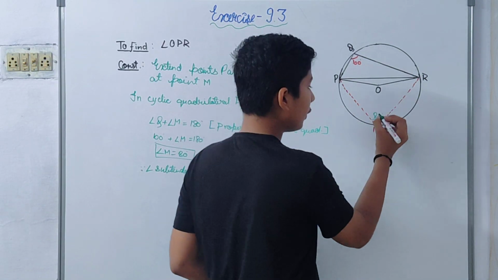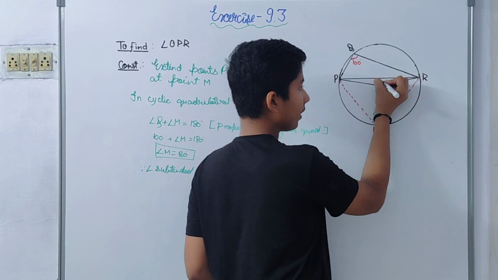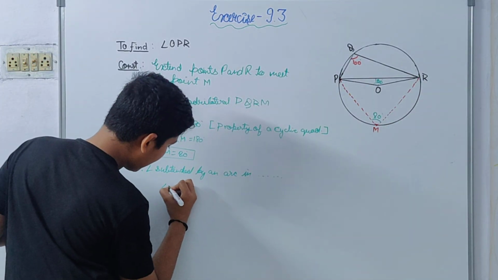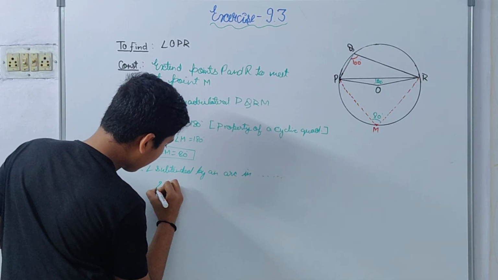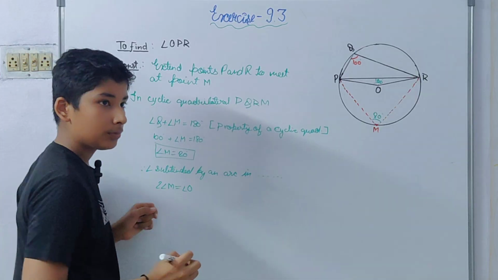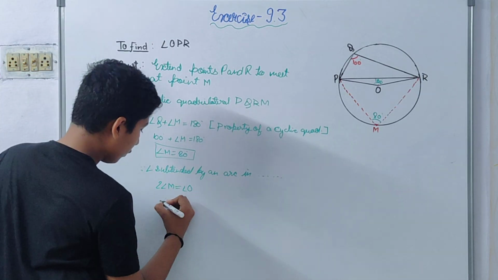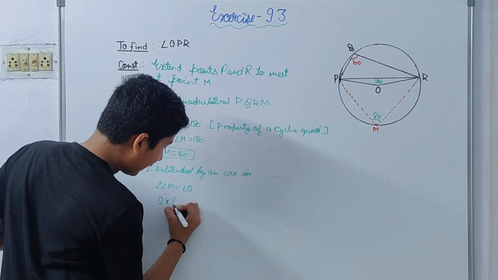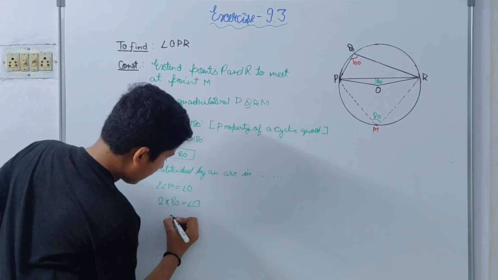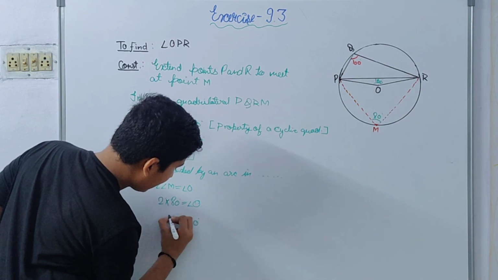So 2 times angle M equal to angle O, means 2 into 80 degree equal to angle O. Angle O equals 160 degrees.